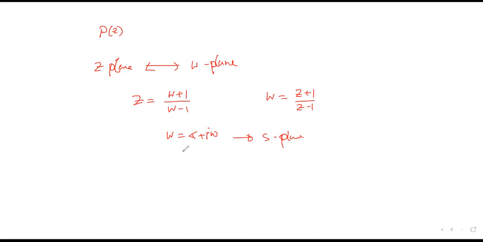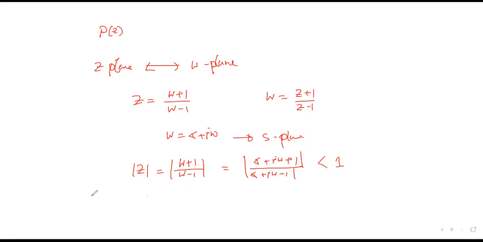Now the magnitude of z, if you want to figure it out, you just plug in (w plus 1) divided by (w minus 1), and just put the value of sigma plus jω plus 1 divided by sigma plus jω minus 1, and that has to be lesser than 1, because we know that the magnitude of z has to be within the unit circle.